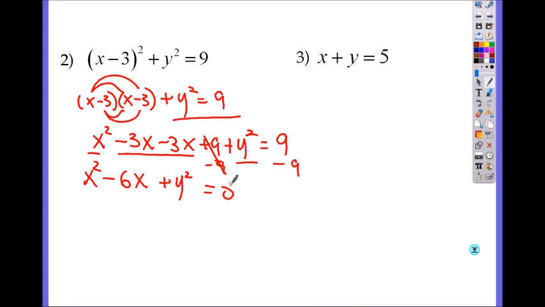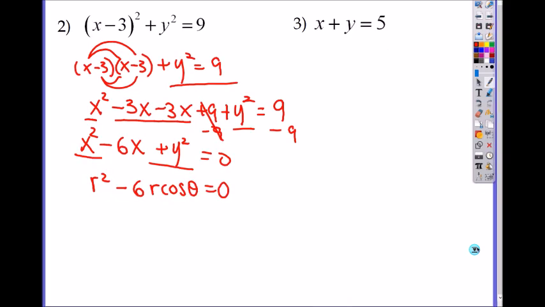Do you see anything from here? What is x squared plus y squared? r squared. Right? x squared plus y squared equals r squared, circle. Minus 6x, so it's minus 6. What is x? r cosine theta equals 0.